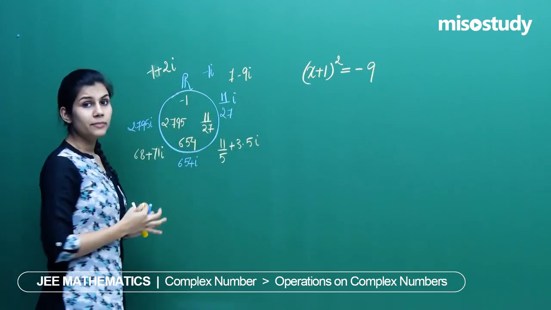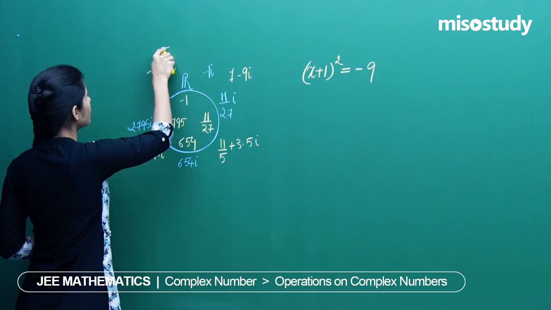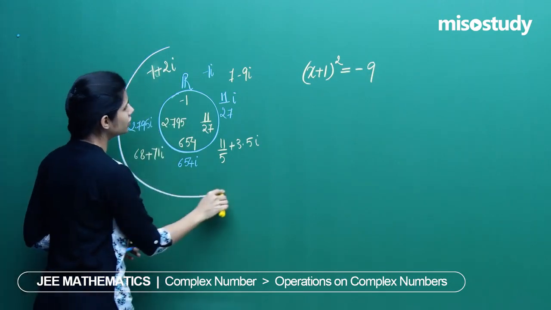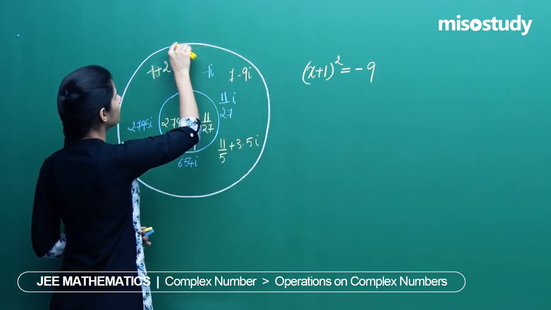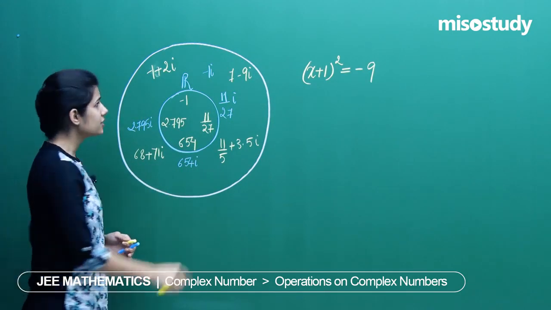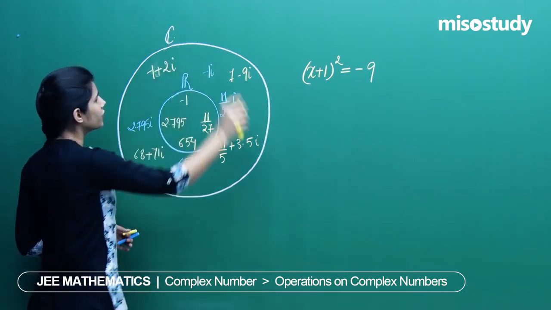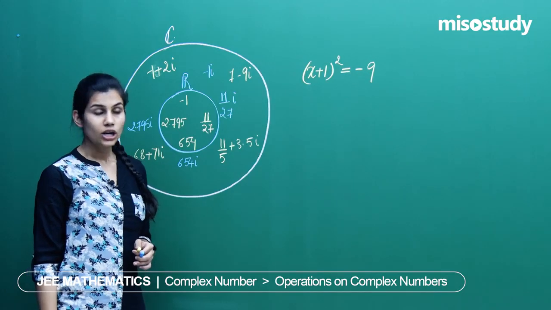So these type of numbers were adjoined and the set was made even larger. This set was known as the set of complex numbers.